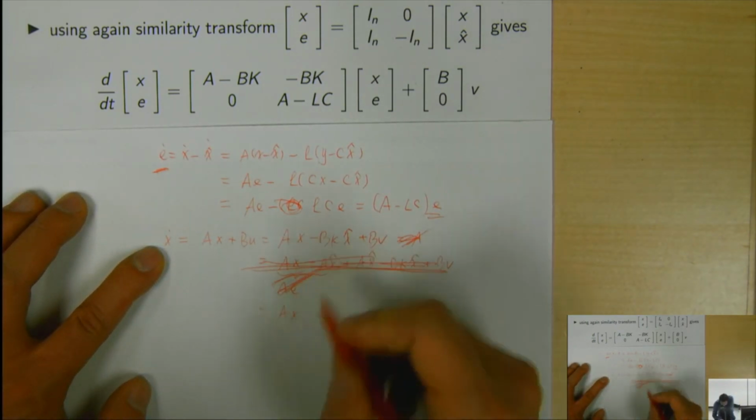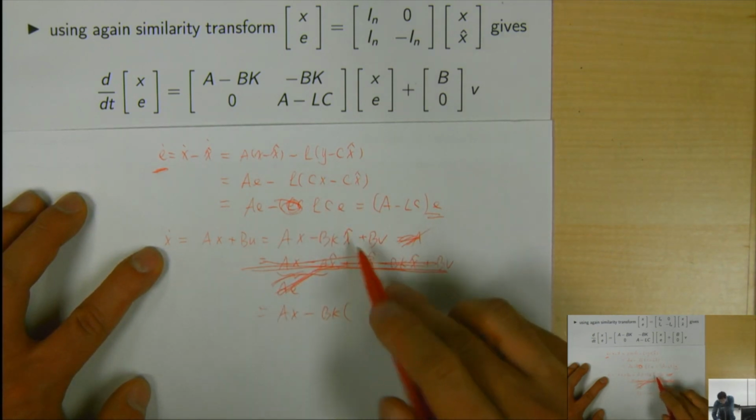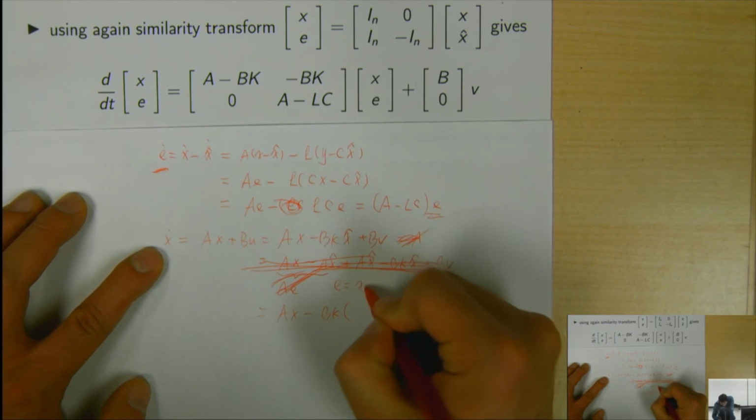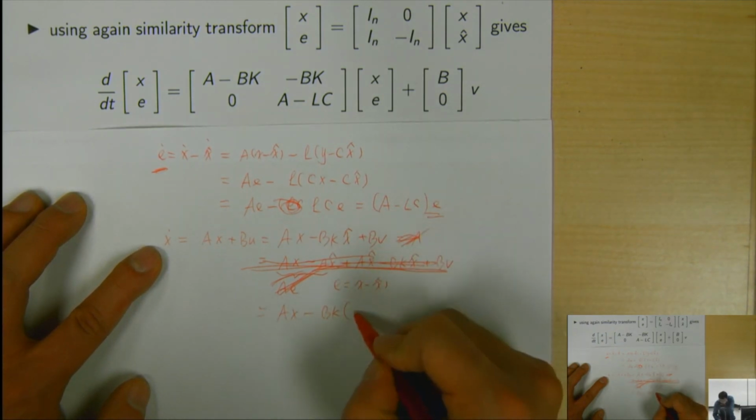Ax we already have, and then let's figure out what x hat equals to. e equals x minus x hat, therefore x hat is x minus e.